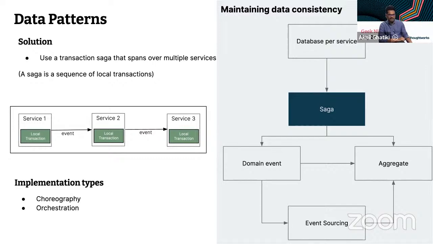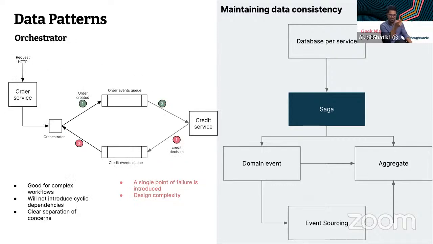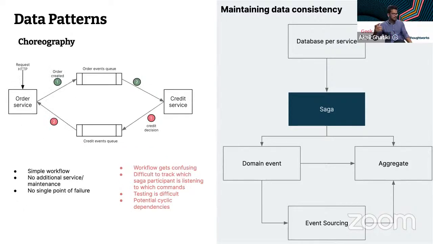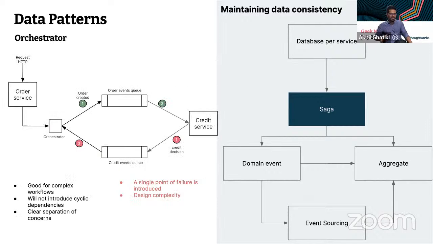Suppose local transaction 1 was successful and 2 failed. Your orchestrator should send out a compensating event so that the successful local transaction in service 1 gets rolled back. It's a very complex pattern, I would definitely agree, so you have to be very careful when you want to go ahead with the saga pattern.